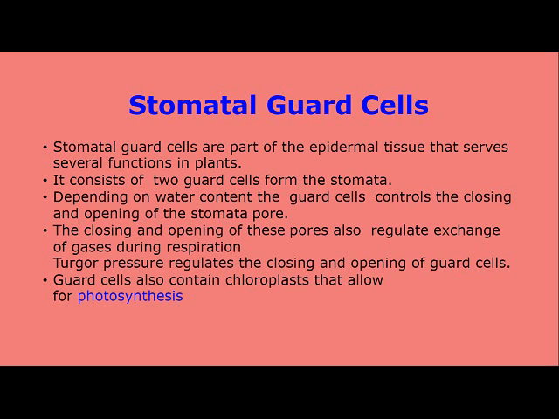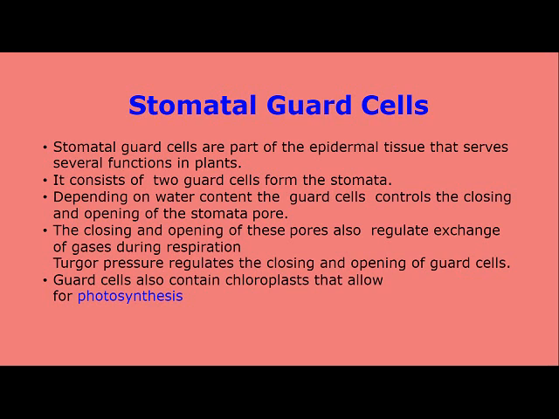Now these guard cells play a very important role. In these guard cells, sometimes the water content is high and sometimes the water content is low. Depending on the amount of water present in the guard cell, stomata remain open or closed. This opening and closing of stomata also helps to regulate the exchange of gases during the process of respiration.